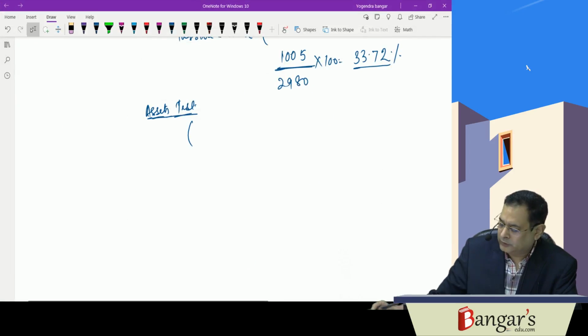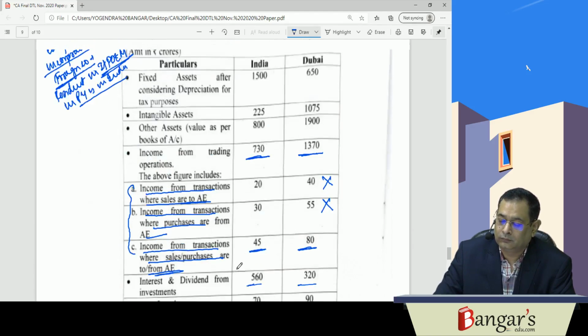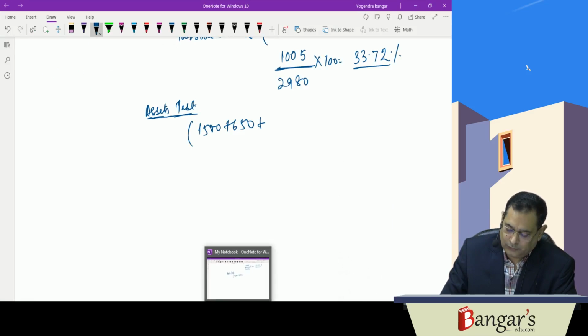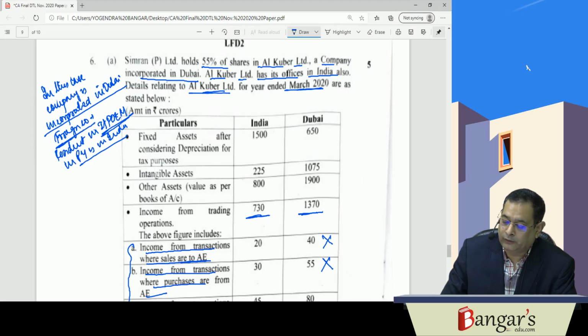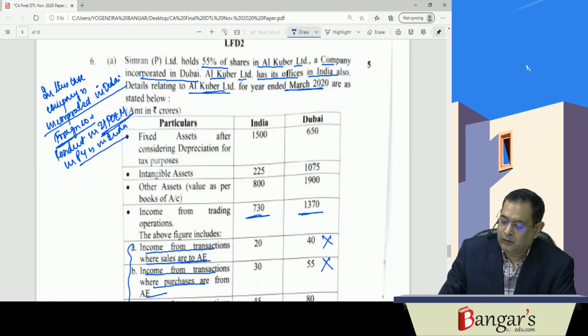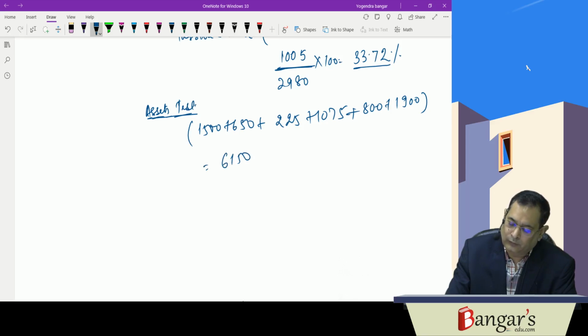Assets are how much? 1500 plus 650 plus 225 plus 1075, then we have 800 plus 1900. So the total works out to be 6150.